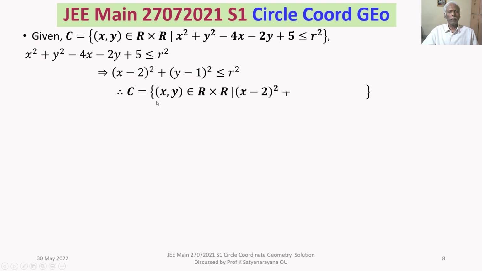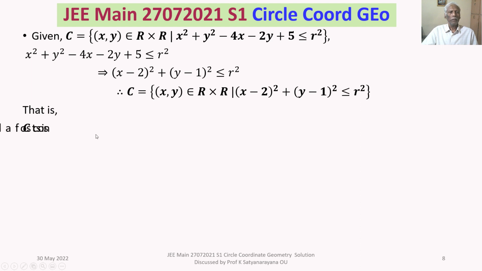So C consists of all those ordered pairs (x, y) belonging to R cross R which satisfy (x − 2)² + (y − 1)² ≤ R². This time C not only consists of the points on the circle, but all those points which lie inside the circle are also included.